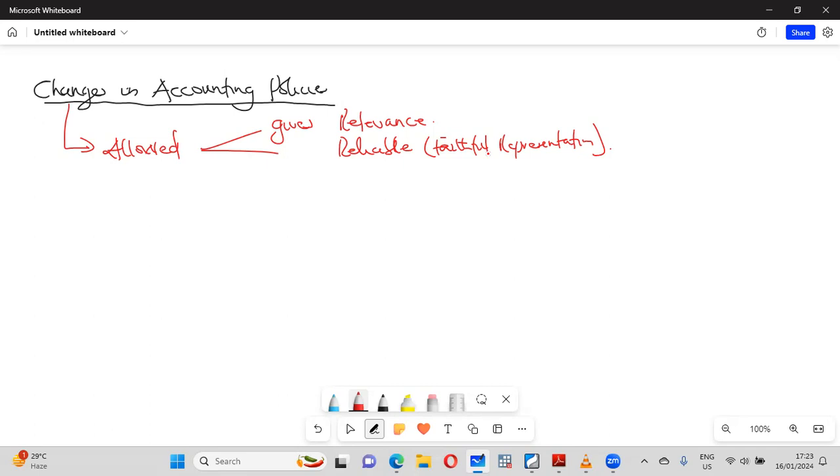Fine, it's a nice statement to make, but if there is a standard, the standard is the policy. And if the standard says that you can change, then you can change. That's why they say when it is allowed by a standard. So it is on these two pillars that you can make a successful change.